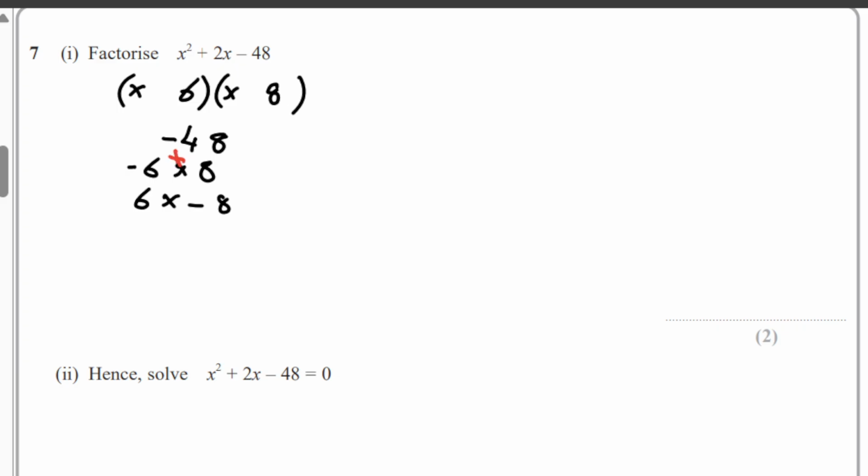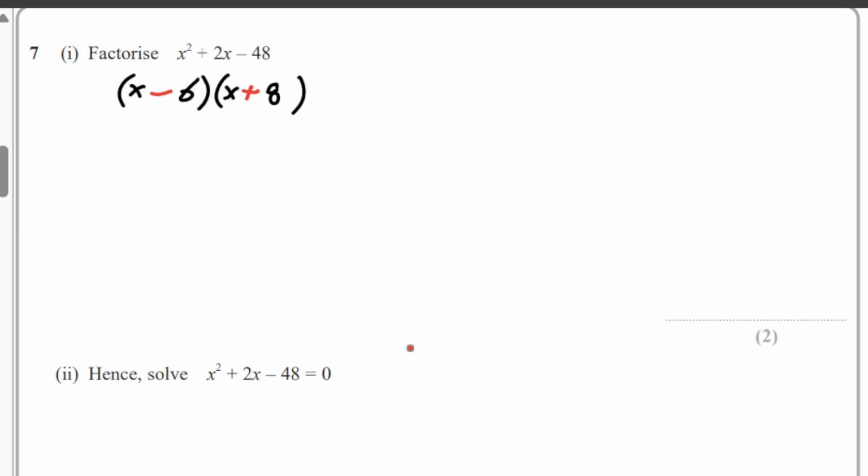Negative 6 plus 8 or 6 plus negative 8? 6 plus negative 8 makes negative 2, while this one is positive 2. So it's negative 6 plus 8. That's why I'll make negative 6 here and plus 8 there. And that's your 2 marks for the first part.